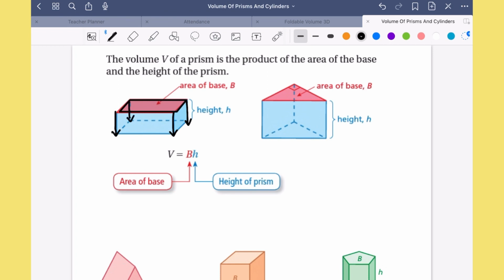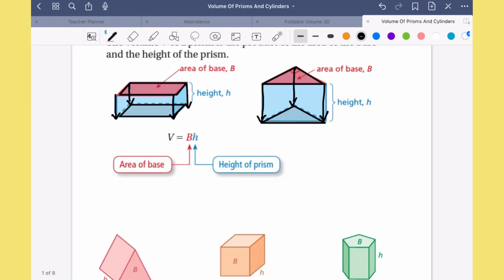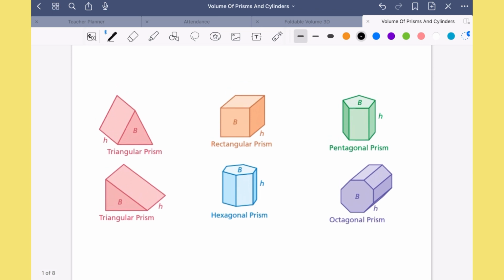Okay, and then you also have a rectangular prism. Same way, you find the area of your base and you multiply by the height, that allows you to go across until you reach the other base. And if you did your Delta Math, you saw that there are all types of prisms.